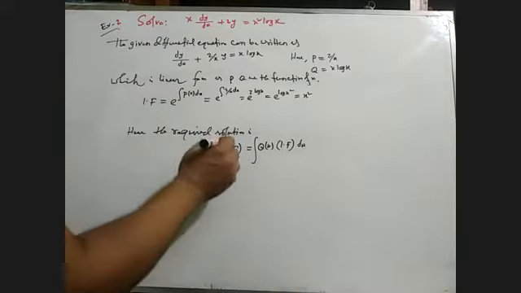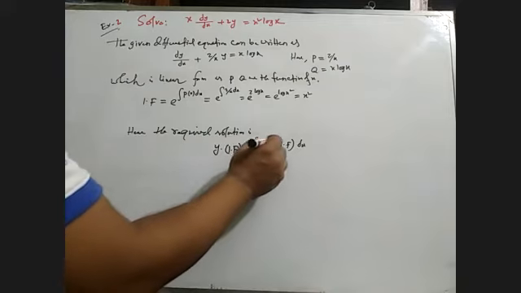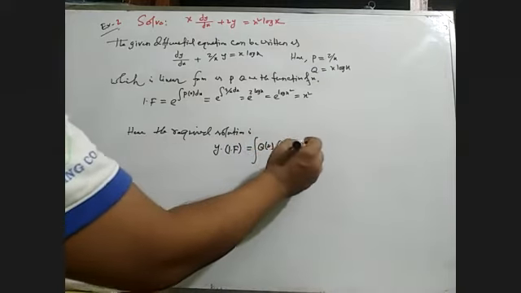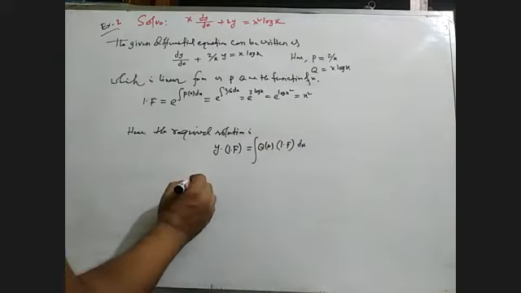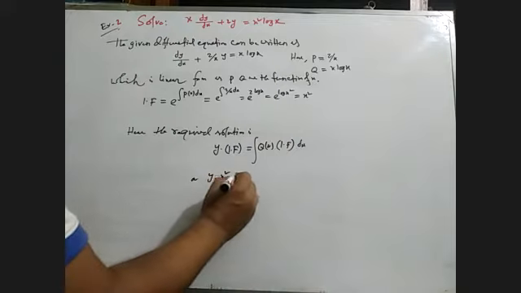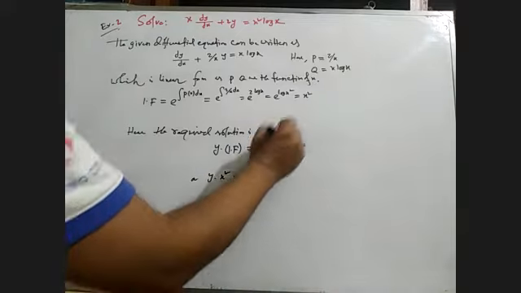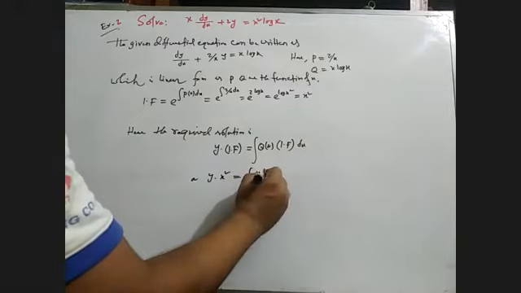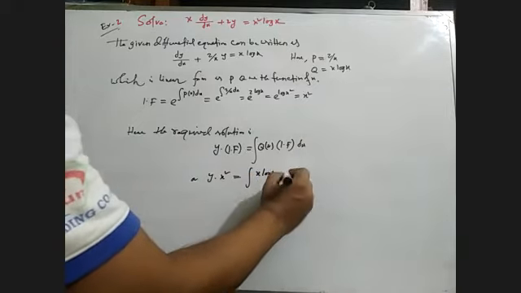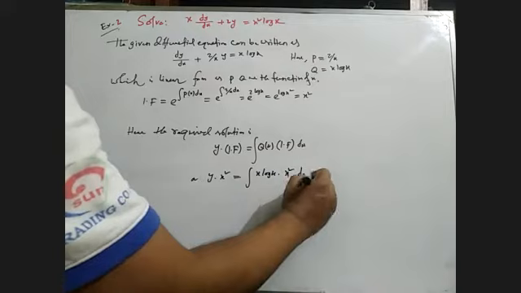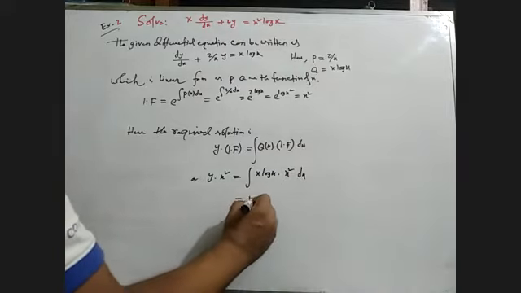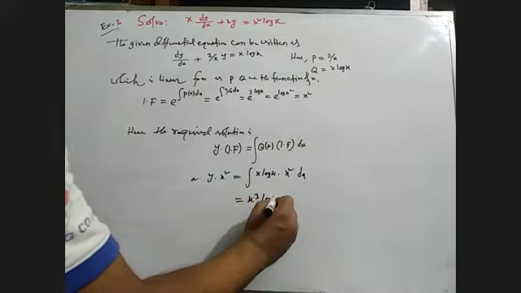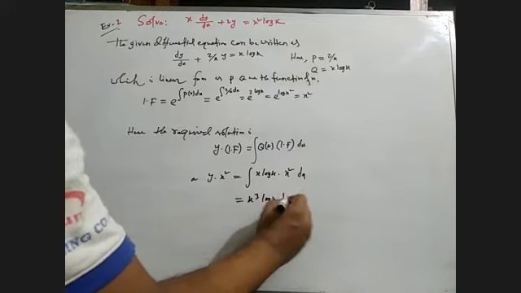Hence the required solution will be y into integrating factor equals integration of Q of x and integrating factor dx, or y x square equals integration of x log x times x square dx. So we get integral of x cube log x dx.